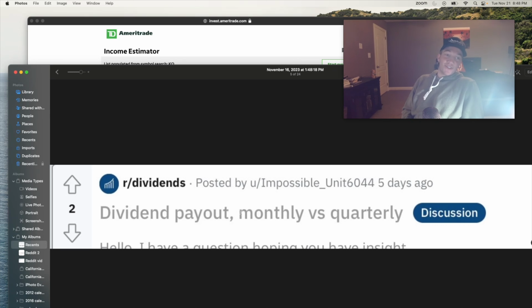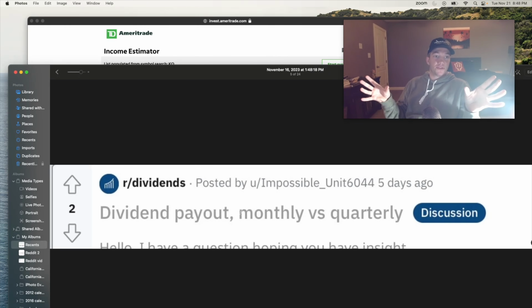Okay, this one's interesting. Dividend payout monthly versus quarterly. I saw this question or discussion on Reddit, and I believe the top reply was that it doesn't matter if the yields are the same, monthly or quarterly won't have an effect. And I guess there is some truth to that statement.